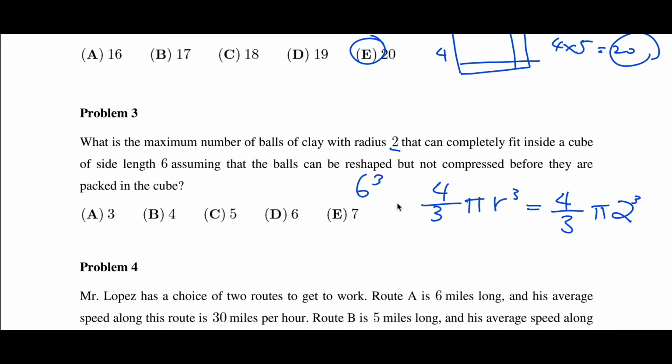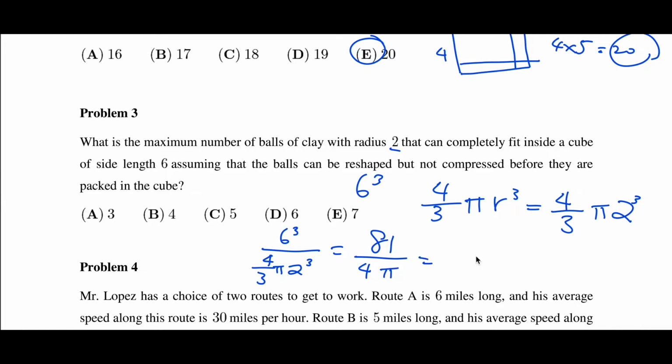So now the only thing that you have to do is 6 cubed divided by 4/3 pi times 2 cubed. And we can just simplify this until you get 81 over 4 times pi.